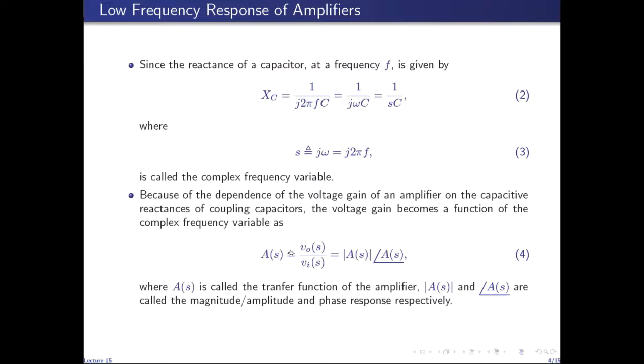Since it is a complex quantity, it can be written in polar form with the magnitude and phase. The plot of this magnitude against the frequency is called the magnitude response of the amplifier, and the plot of this phase against frequency is called the phase response of the amplifier.